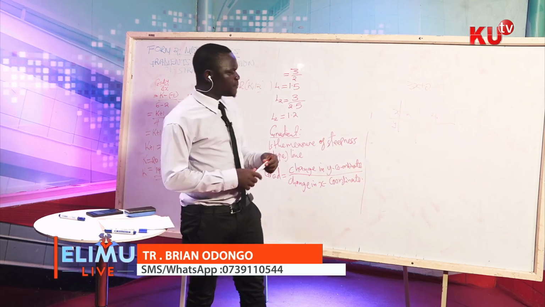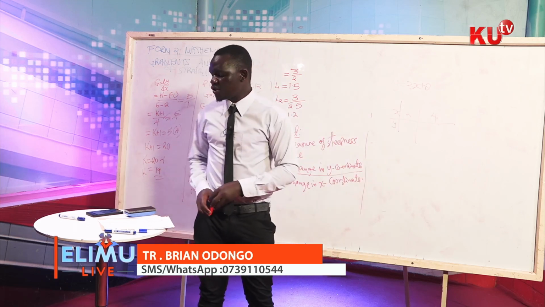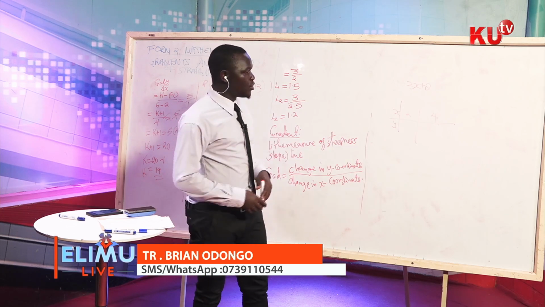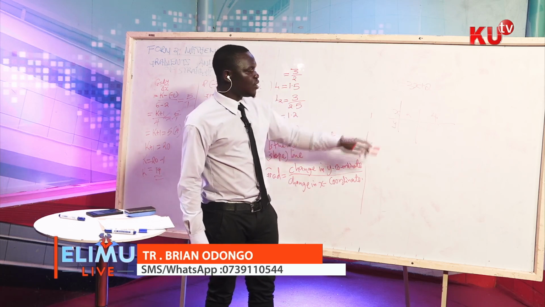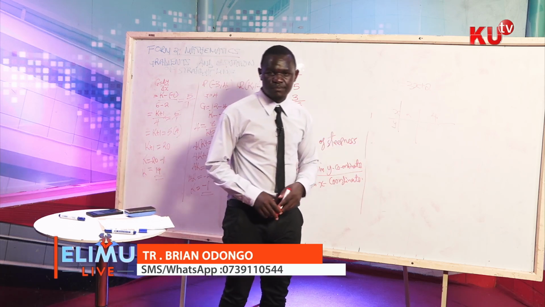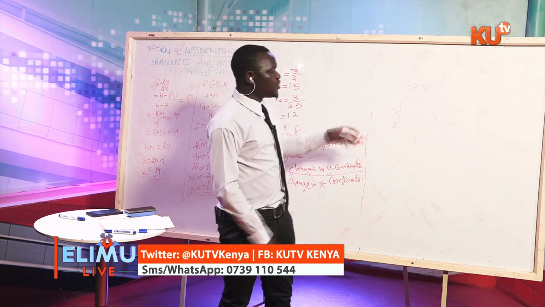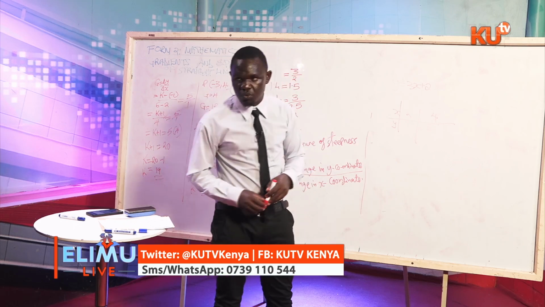Then for each corresponding x value, compute its y value. So when x is 2, what is the value of y, dear students? You come to your equation, that is y equals 3x plus 2.